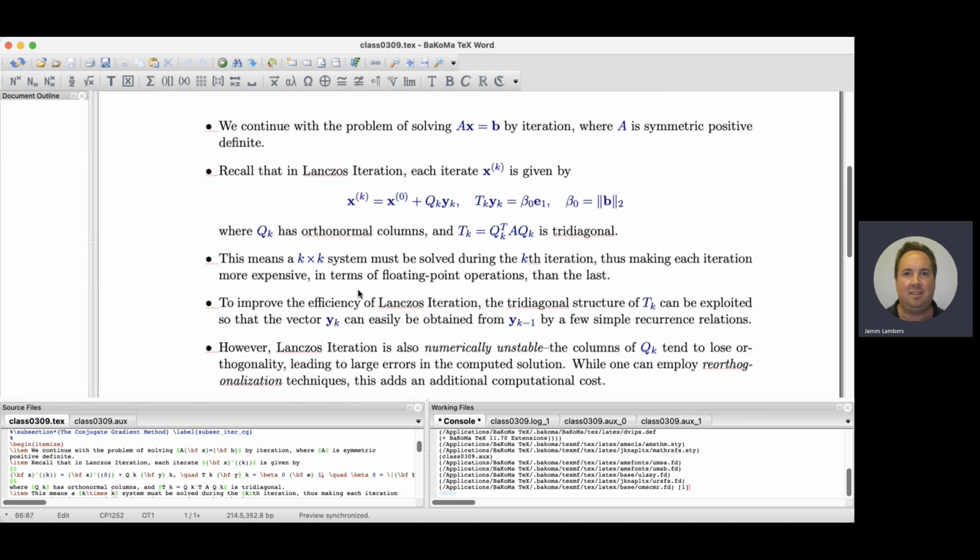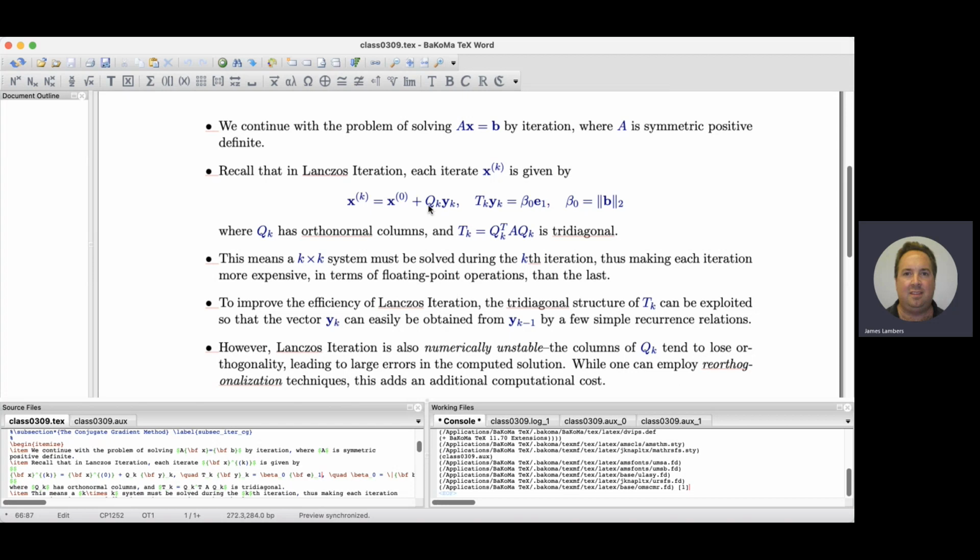It would take a certain amount of algebra to make that happen, but conceivably it can be done. But that's not the only issue that makes Lanczos not the best choice for a symmetric positive definite Ax equals b problem.